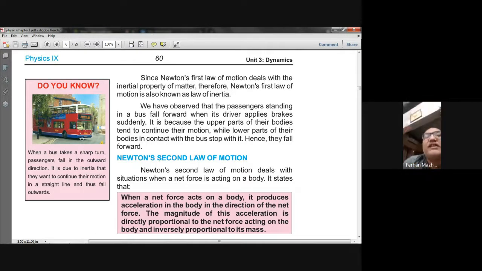I hope this is fruitful for you. You can read this again. I have tried to explain it, and I have also read it from the book. Hopefully you understand this.